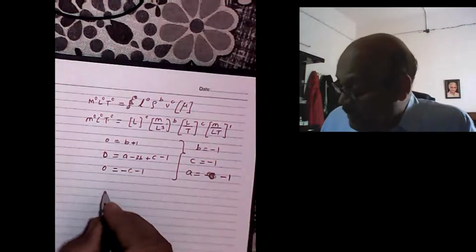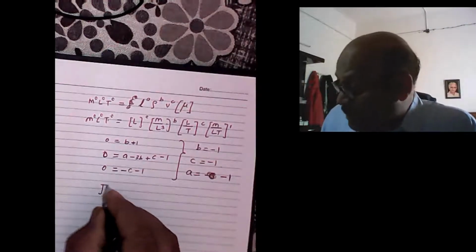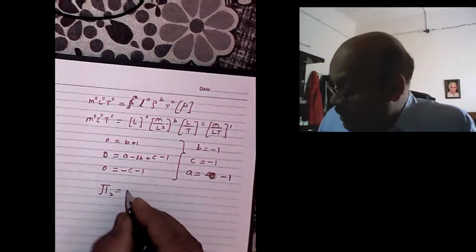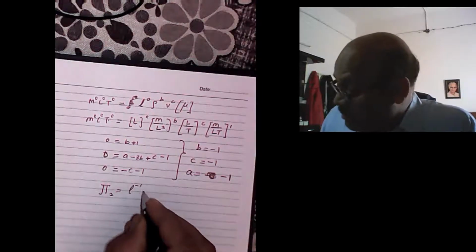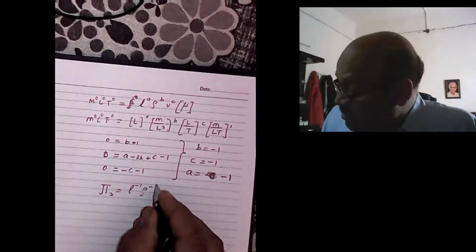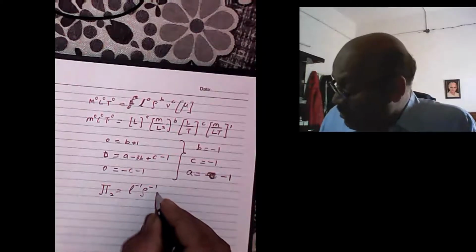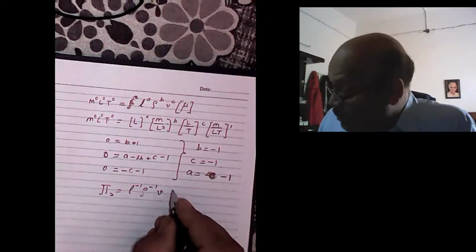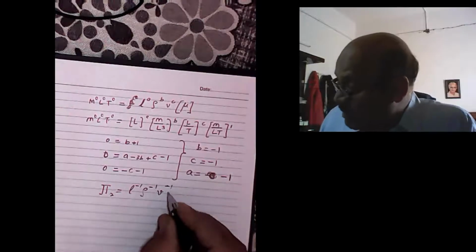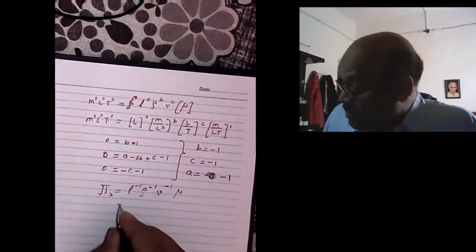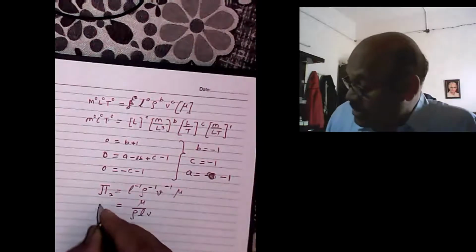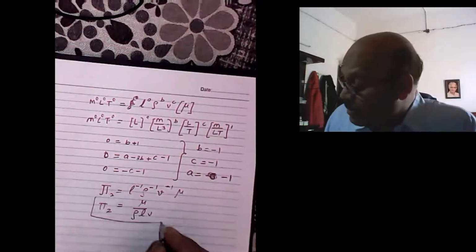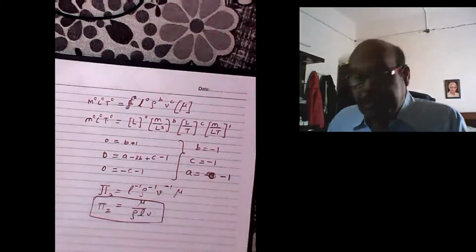So it could be written like this: pi 2 equal to L to the power minus 1, rho to the power minus 1, v to the power minus 1, and mu. So this is mu upon rho L v. This is your pi 2 term. Okay.